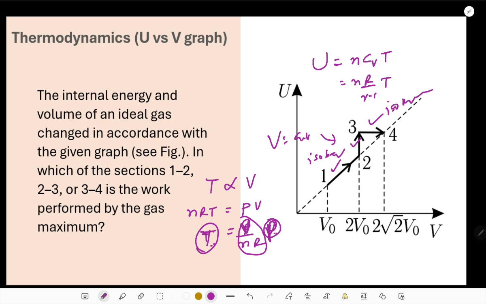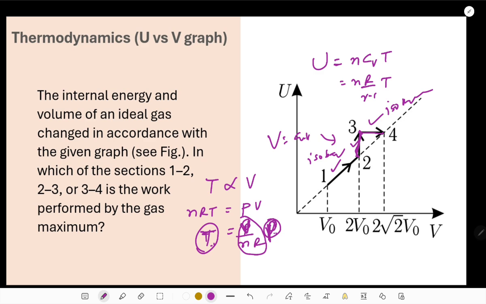So since temperature is increasing from 2 to 3, that means at 3 pressure will be greater than pressure at 1 and 2, because 1 and 2 pressure is the same. And in this case volume is increasing.